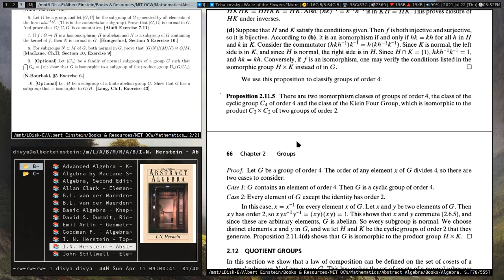Then the last claim of the proposition says that this group is isomorphic to the product of the groups generated by x and y. So that's pretty neat, but yeah, not enough examples.